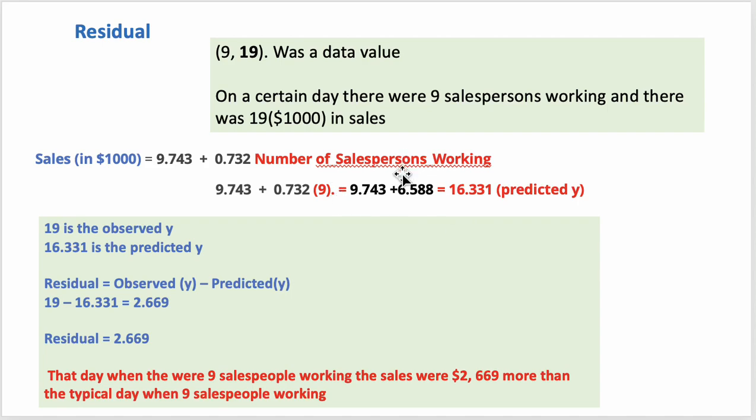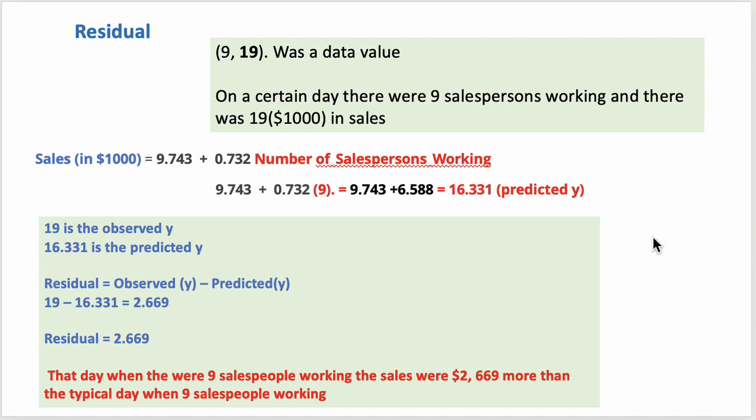We take the 6.588 and add this y-intercept of 9.743, and we come up with a predicted y value. This is a point that's actually on the prediction line, because we use the prediction line to predict it.